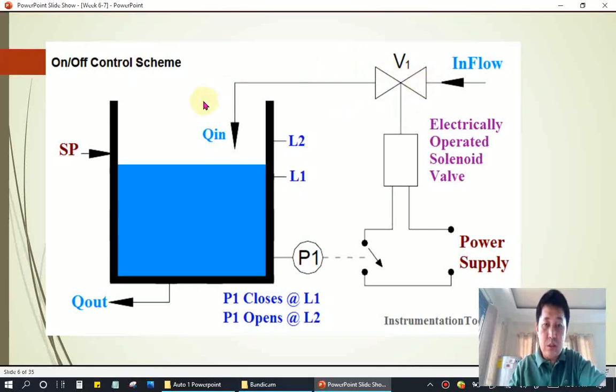It fills water to the tank, and it stops when the level reaches L2.